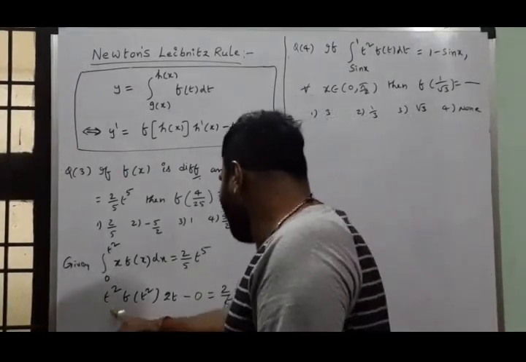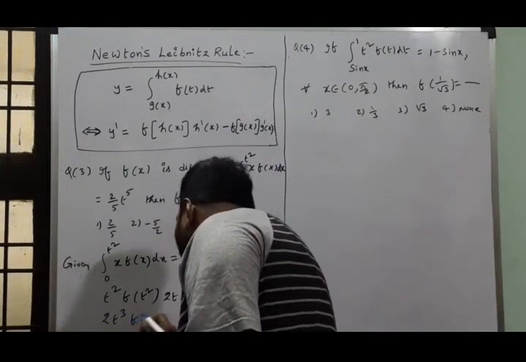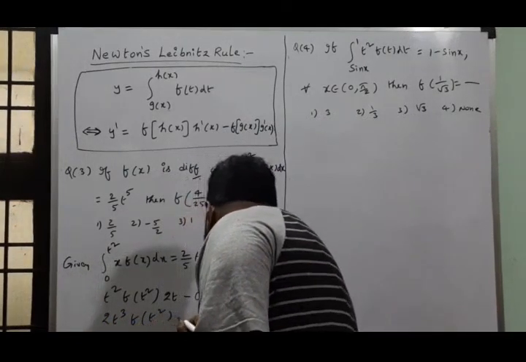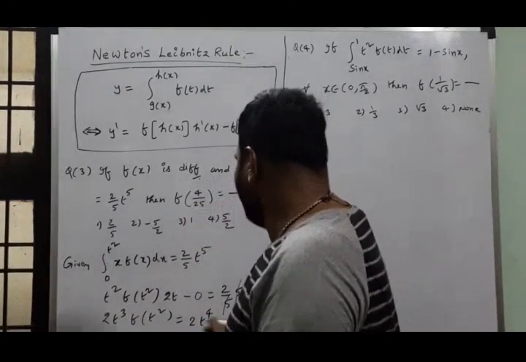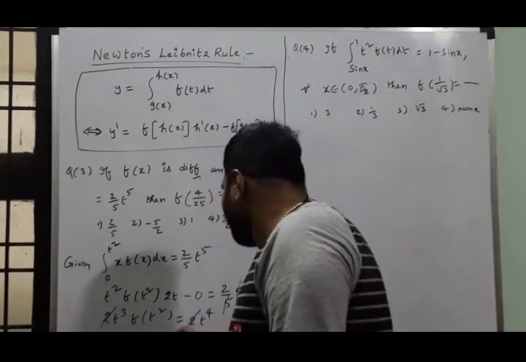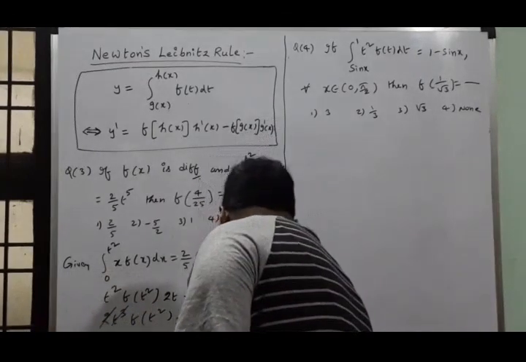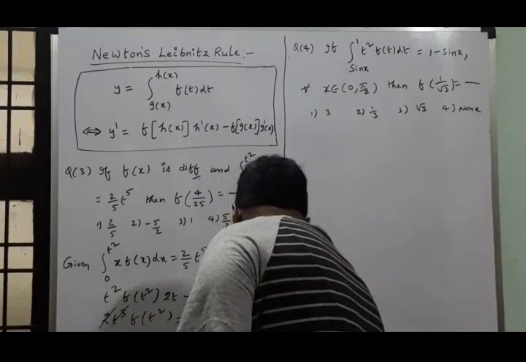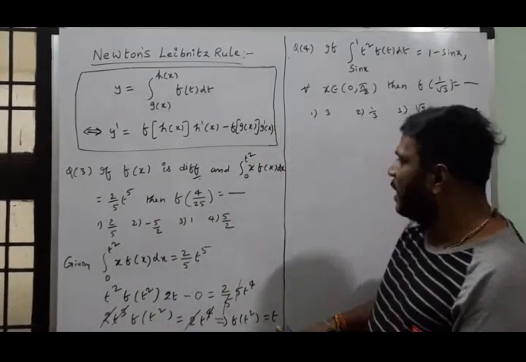Now here 2t cube into f of t square is equal to 2t power 4. 2 cancels, t cube cancels here. So you get f of t square is equal to t.